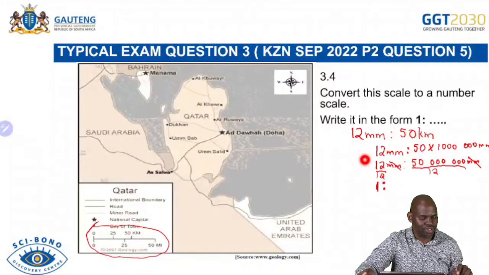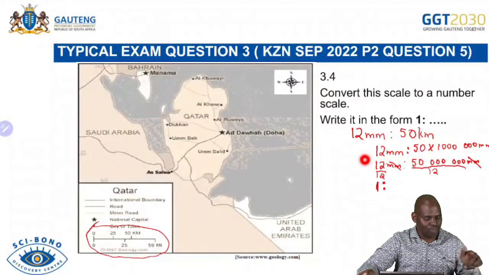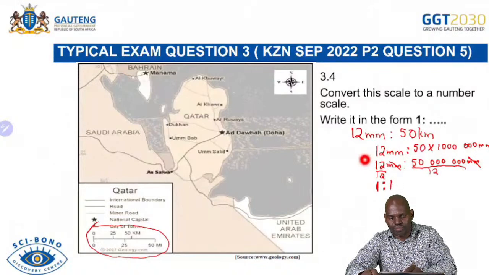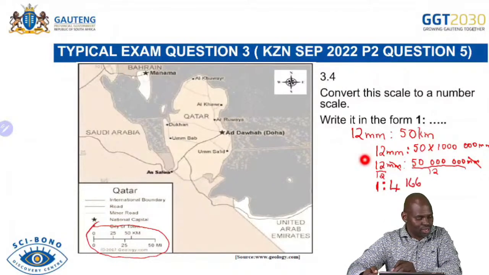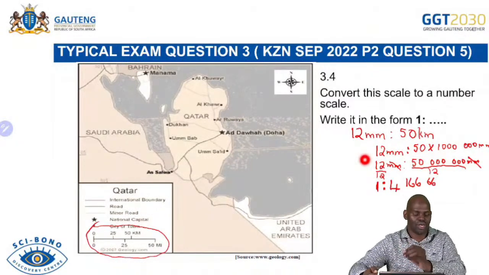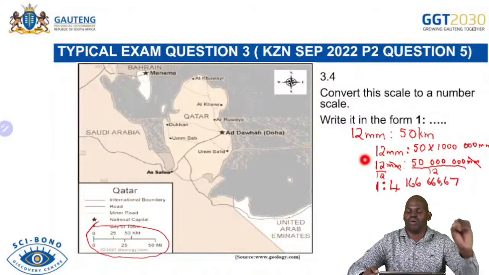50 million, so it's 50 and 6 zeros. We divide it by 12. Okay, I'm getting 4,166,666.67.